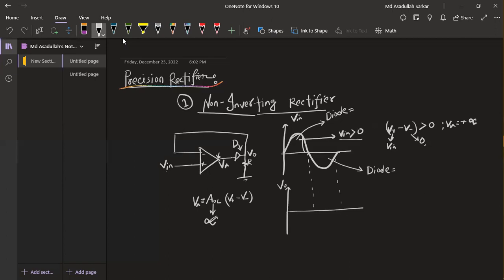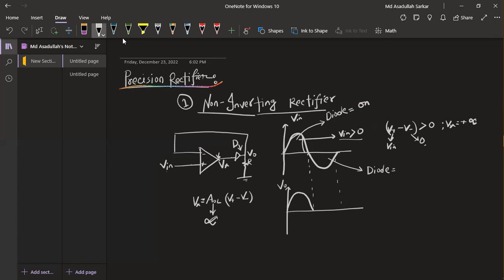If Vx is plus infinite, then the diode will be on and current will flow through the diode, and the circuit is fully in operation. That's why V input will be seen at V output. V output will follow V input. So for the first half cycle, V output will be the same as V input.